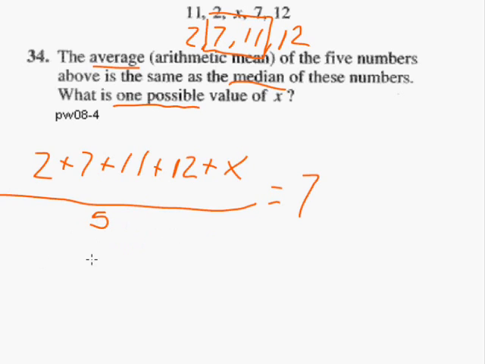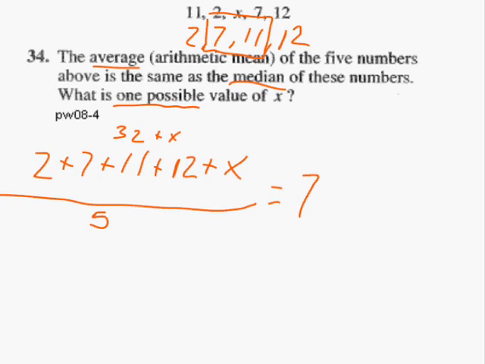And so 2, 7, 11, and 12: 9, 11 is 20, 20 and 12, so 32 plus x, divided by 5 equals 7.